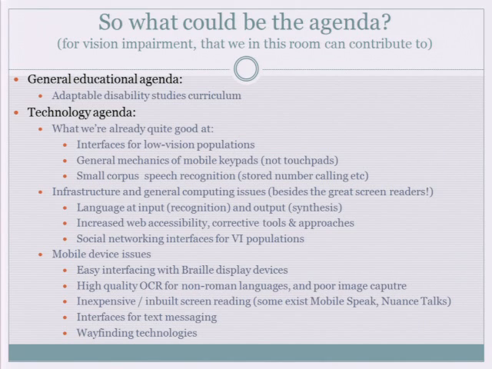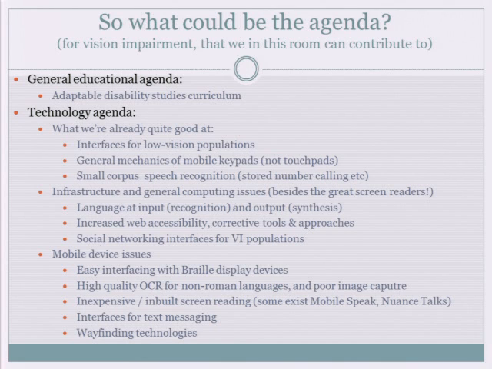So there is already some work on the general mechanics of mobile keypads, but touchpads is another very complicated area. Earlier on, things like iPhones were seen as very unfriendly to the needs of people with vision impairments. However, over the last 2 or 3 years, there's been more and more work on how touchpad-related cellular technology can be used for people with disabilities.